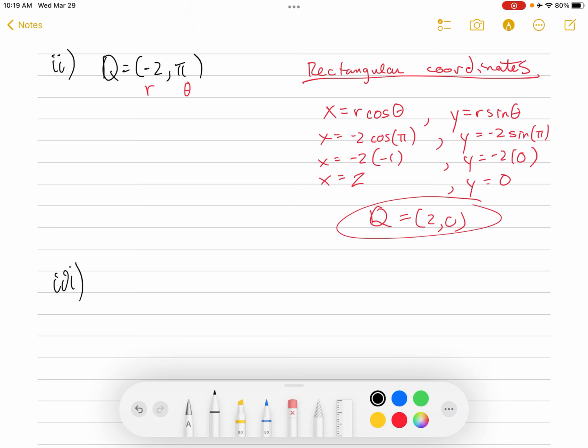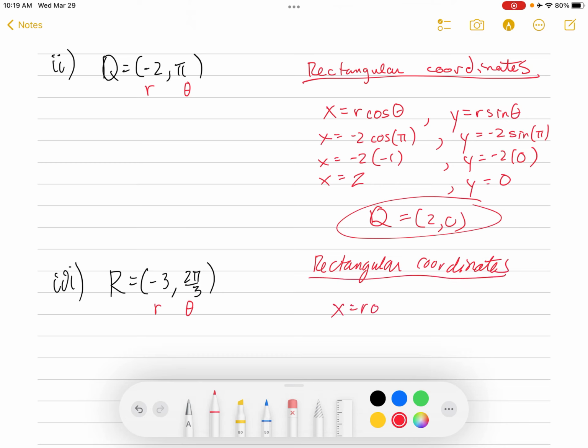Let's do another one. Number 3. Here I've got r, -3, 2 pi over 3. So this is r, this is theta. Let's find the rectangular coordinates, the x, y coordinates.